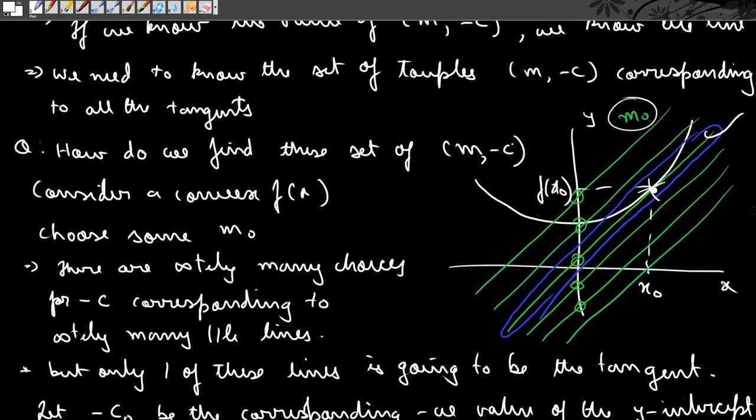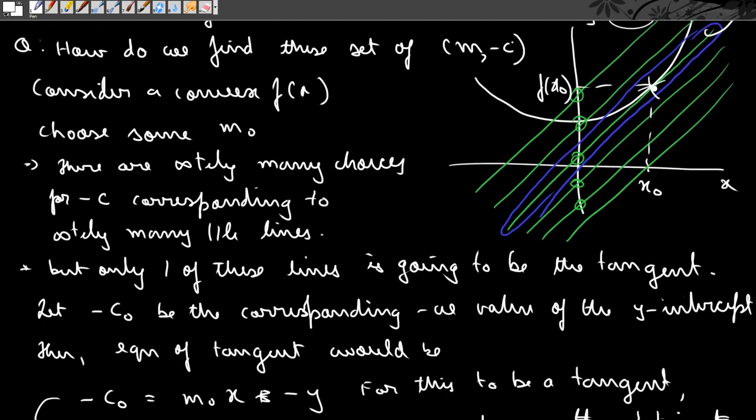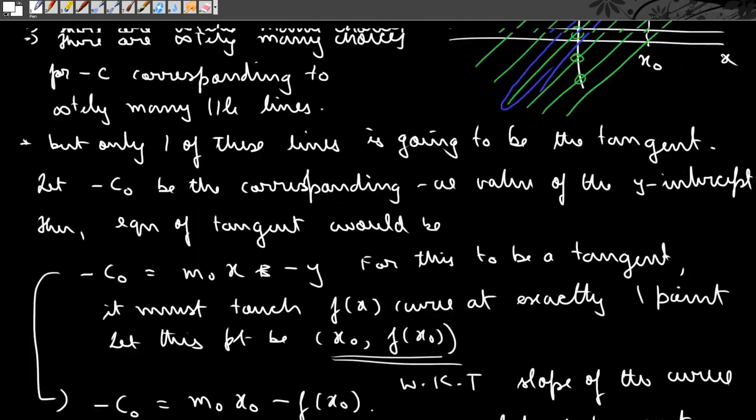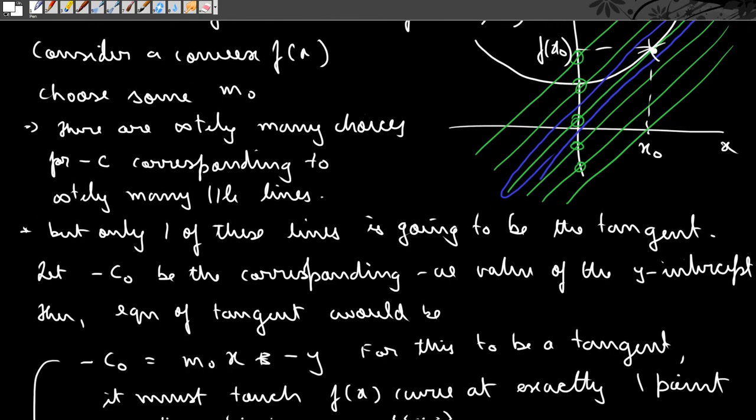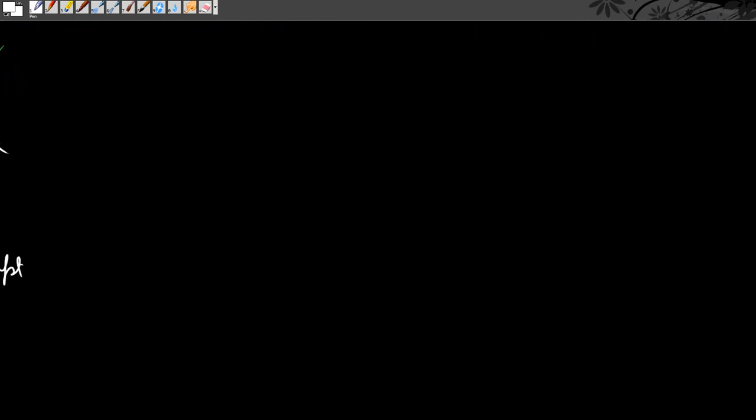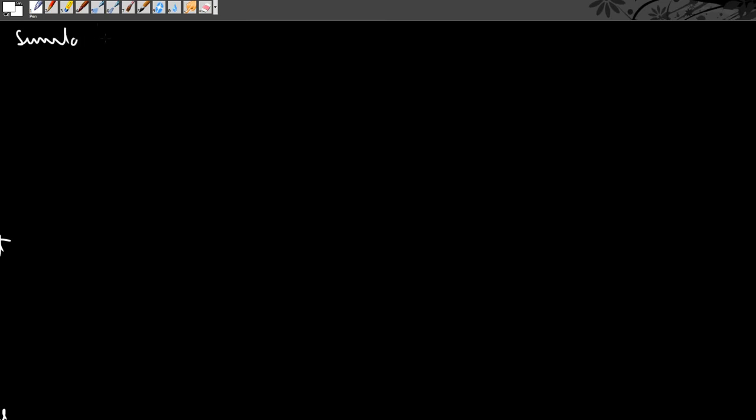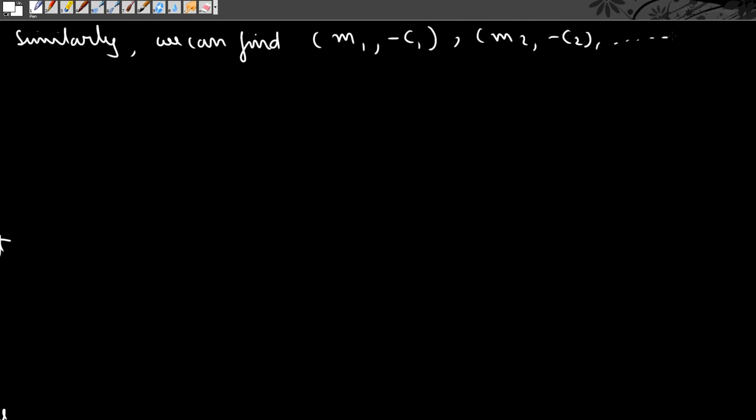And once we know m naught and c naught, we know the equation of the tangent at the point x naught comma f of x naught. So that is what we have done. Similarly, we can choose some other m1, and correspondingly find minus c1, again m2 minus c2, and so on, by following the same procedure.